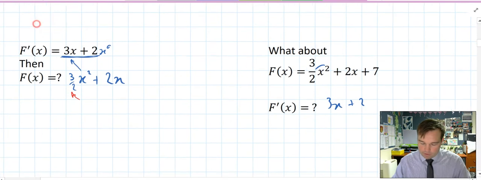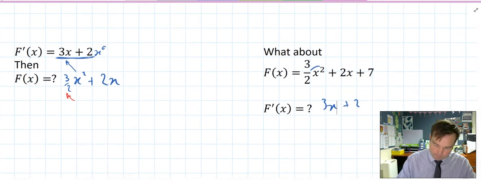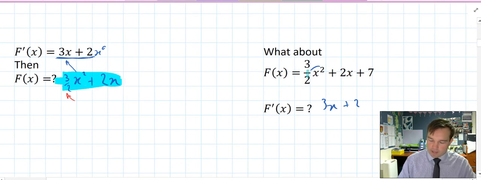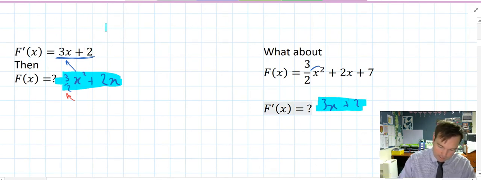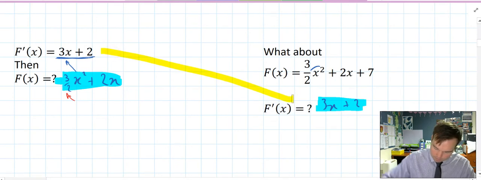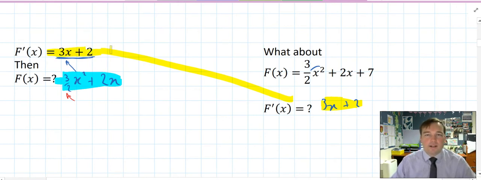Now note the difference between them. Here, we found the antiderivative and found that it was 3 on 2 x squared plus 2x. Here, we found the derivative, and it was 3x plus 2, the same thing as up here. Now what's weird about this is the 7.